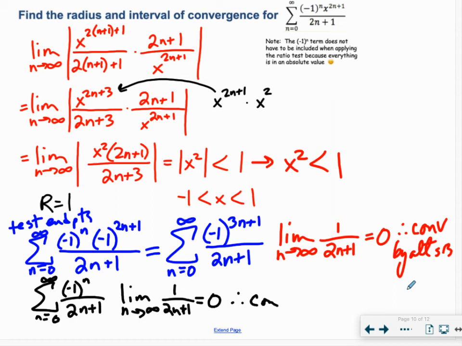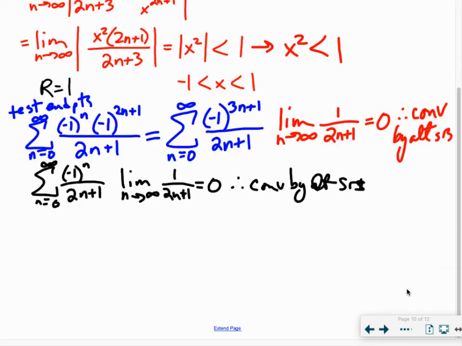Therefore, converges by alternating series. So both endpoints converge, which means our interval of convergence is the closed interval from -1 to 1.